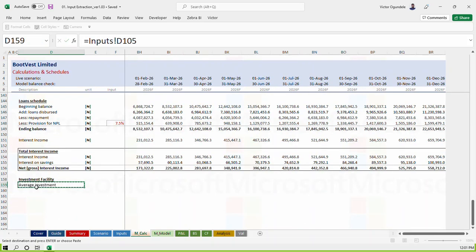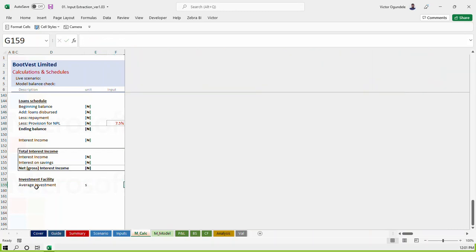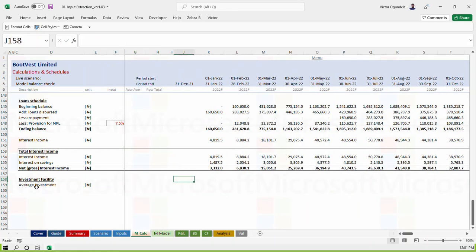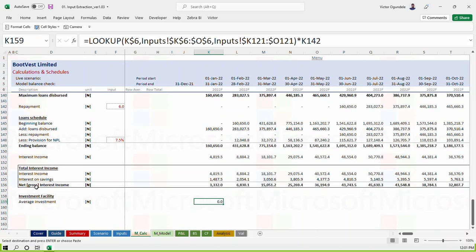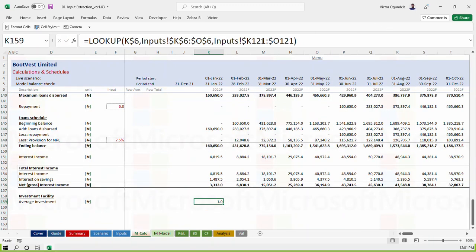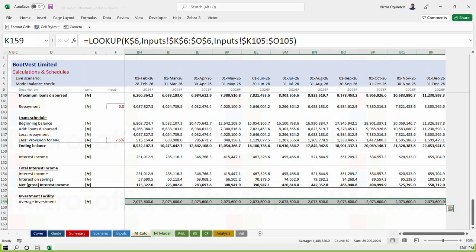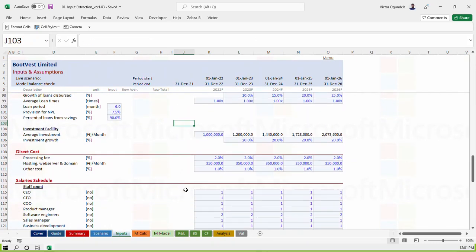So we're saying our average investments per month. Let me be a little bit lazy and go look for a formula, and paste it here. That is on 105. Let's also see, I hope we considered insurance as part of our cost.